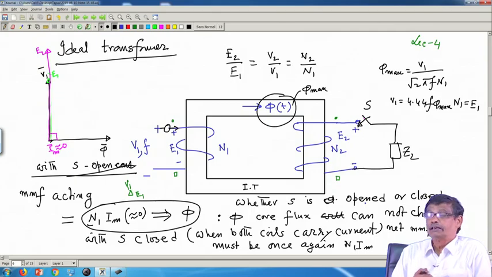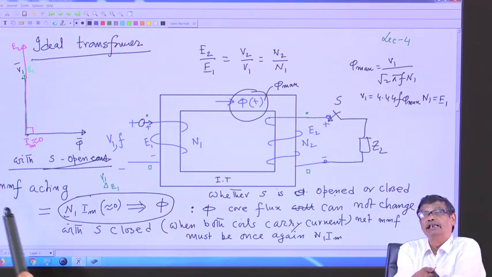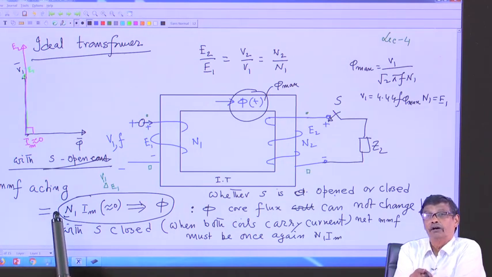Why can it not change? Because this flux will make the KVL equation valid on the primary side.